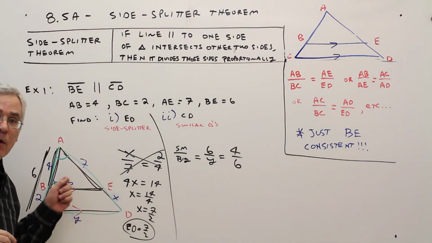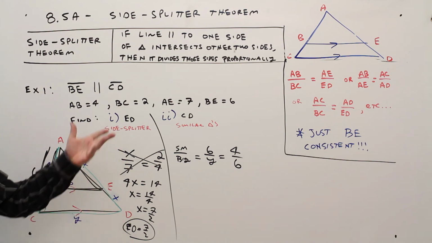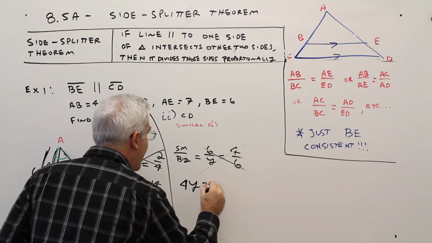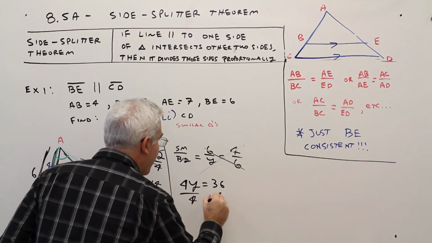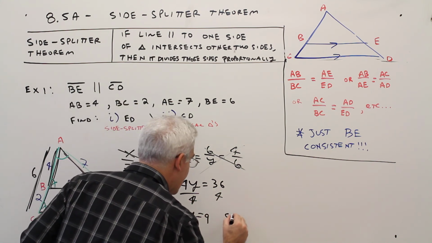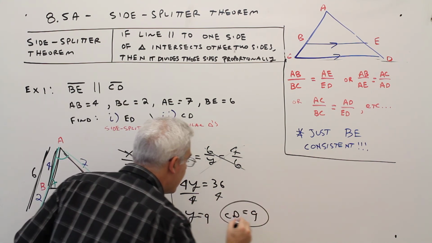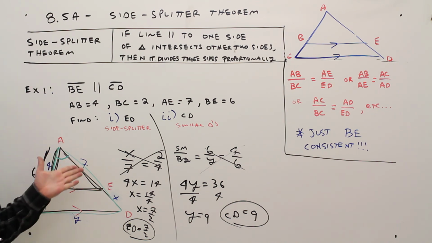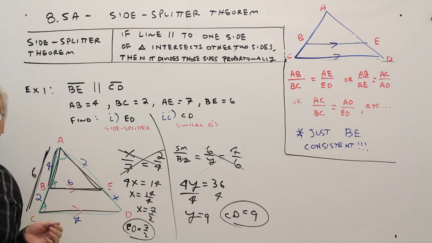Okay, so again, setting up proportion. Then I can just cross multiply. So we get 4y equals 36, divide by 4, divide by 4, y equals 9, so CD equals 9. So there you have it, the side-splitter theorem in an example using that, along with similar triangles.